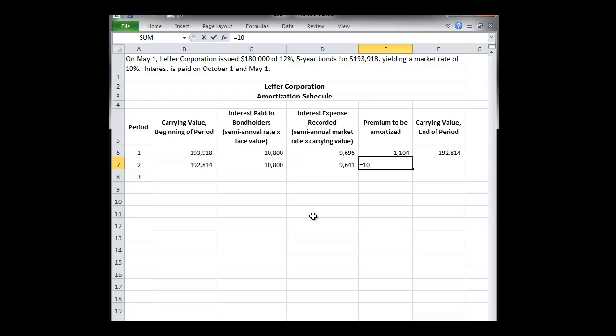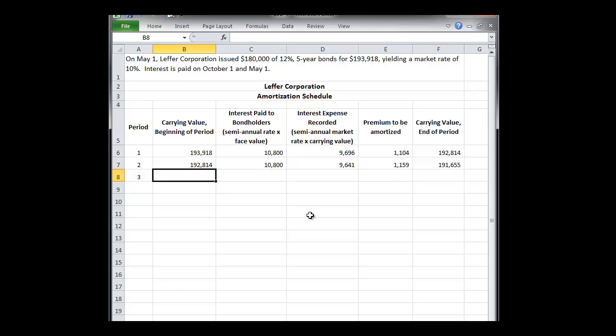So I'm going to take the interest paid of 10,800 and subtract the interest expense that I calculated for period 2, which is 9,641. Okay. Now the ending carrying value is going to be the beginning carrying value from period 2 of 192,814, and then I'm going to subtract the premium that's amortized in period 2, which is 1,159.